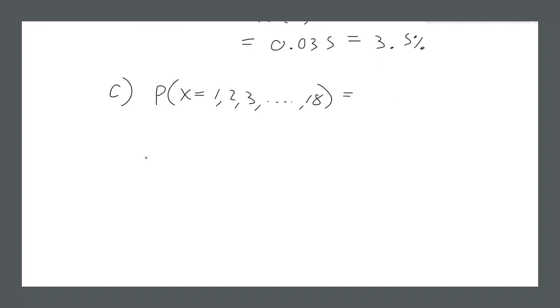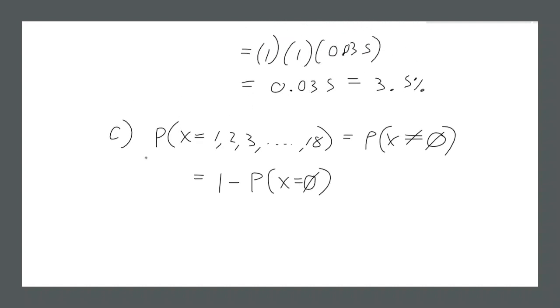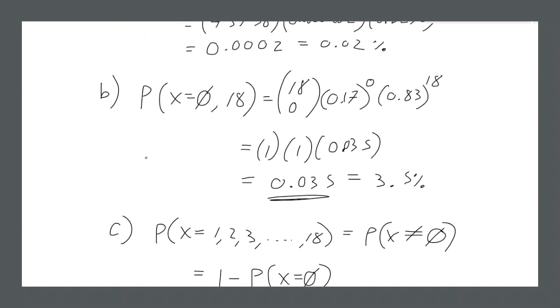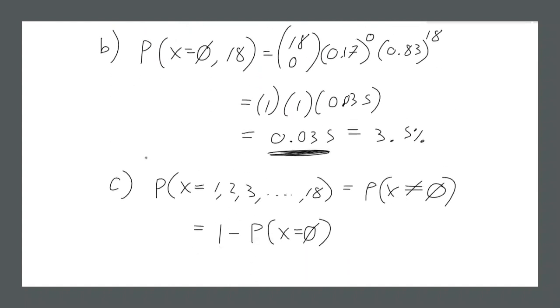We could use a shortcut where we say, well, this is just the probability of x not being equal to 0. Well, that's going to be 1 minus the probability of x being equal to 0. And we already know the probability of x being equal to 0. We just calculated it right here in part B.